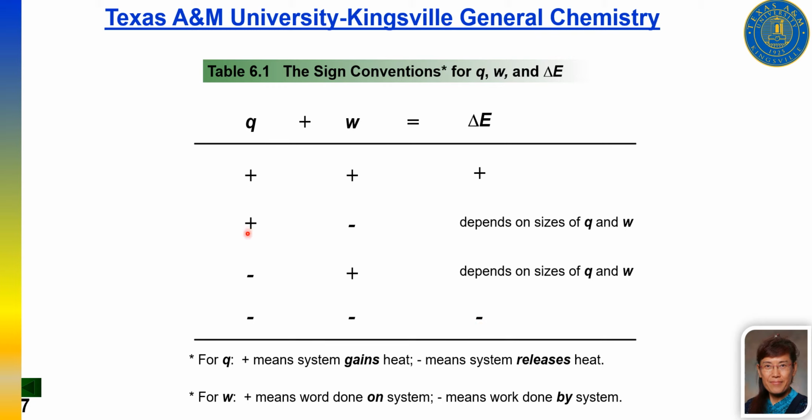If you have positive Q and negative W, your system gains heat and also does work. In this case, your internal energy change depends on the size of Q and W. On the other hand, if your Q is negative and your W is positive, the sign of the internal energy change will also depend on the quantity of your Q and W.